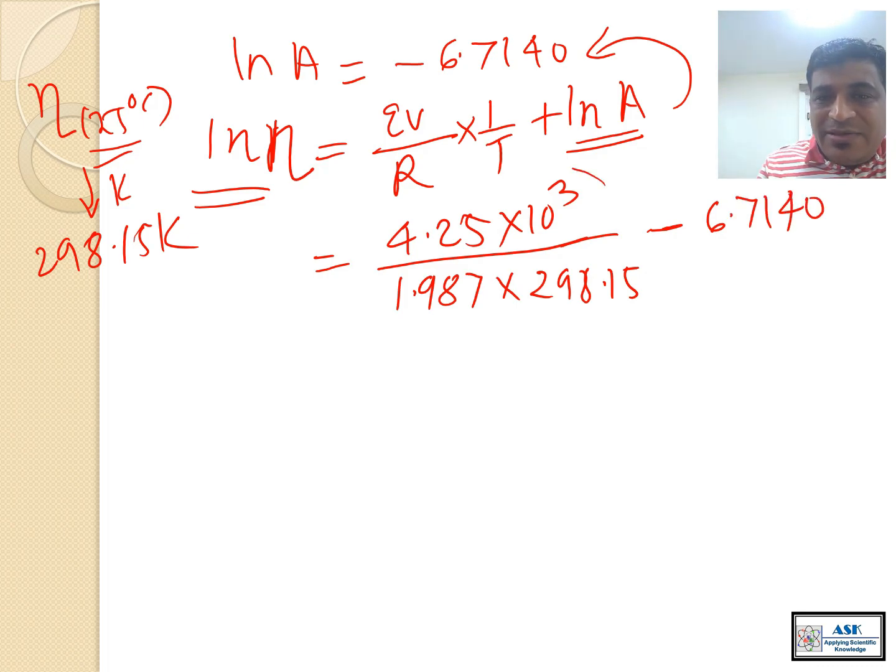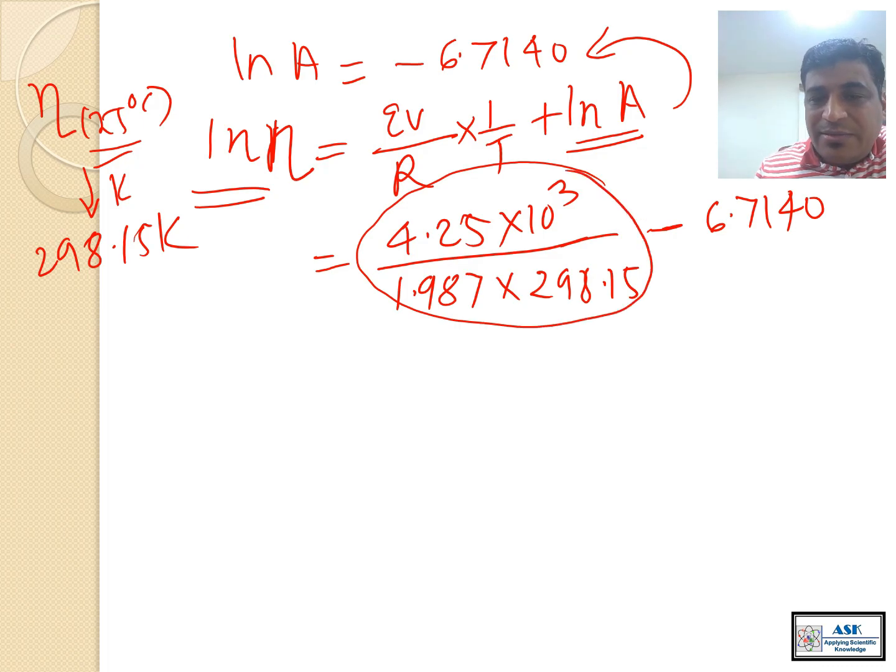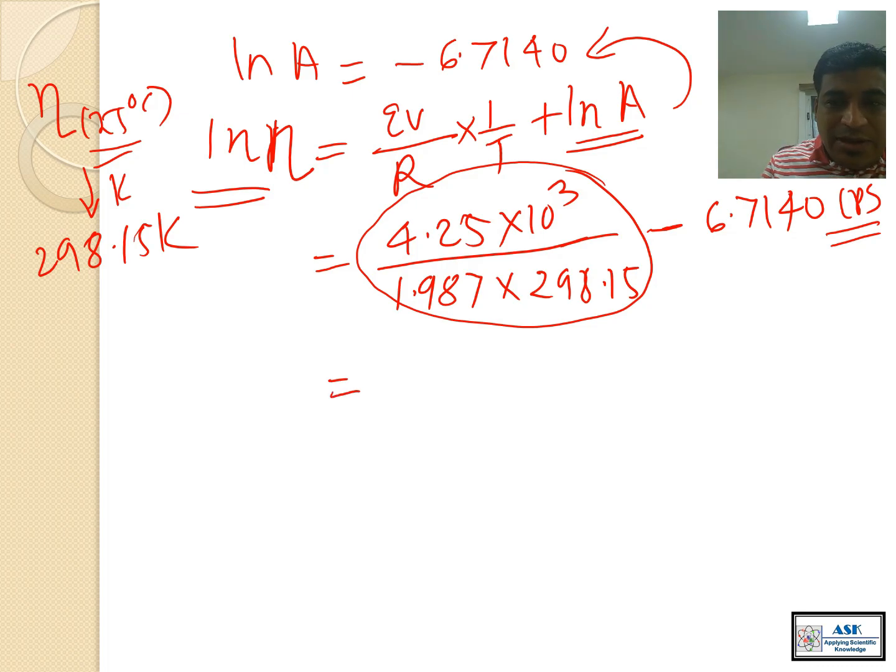And please keep in mind, this number is unitless, isn't it? And the only unit remaining is this one, minus 6.7140. So what value did we get here?